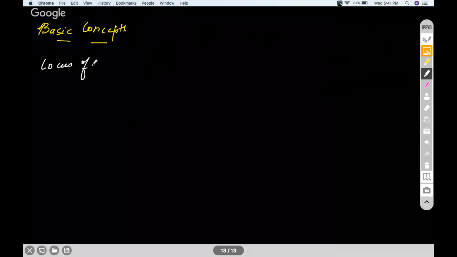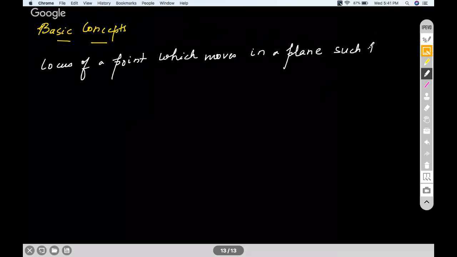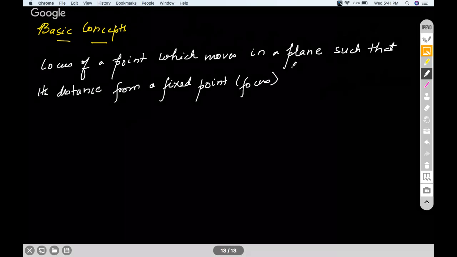So it's the locus of a point which moves in a plane, such that its distance from a fixed point, which we normally call as the focus, is e times its distance from a fixed line.